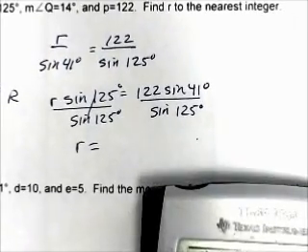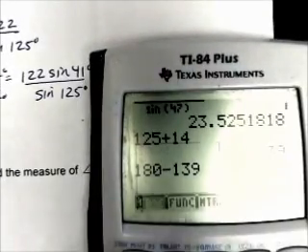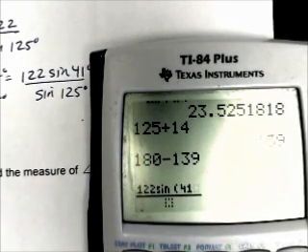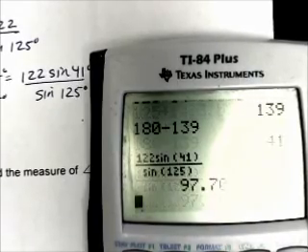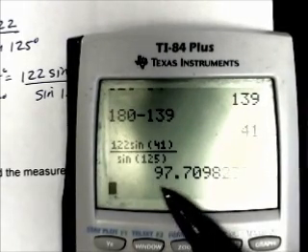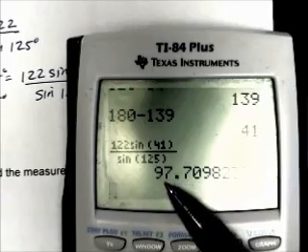So r equals 122 sine 41 divided by sine 125. Go to the calculator. To the nearest integer, all right, 97.7. The nearest integer, this would round up to 98.